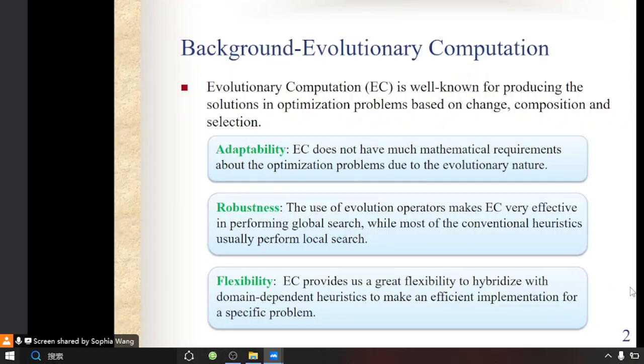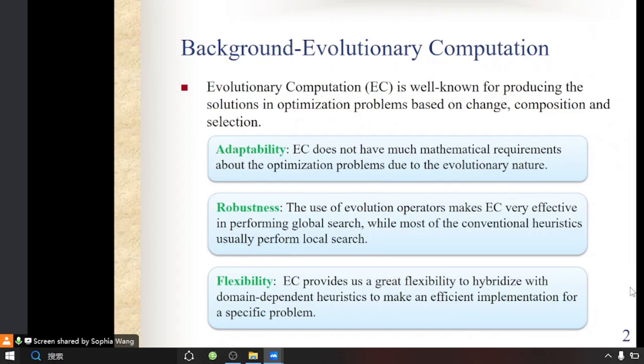Then you can solve that, but I don't like this kind of thing. But EC can be used effectively to solve this kind of optimization problem without mathematical requirements. That's why I use that. This is the first advantage. The second one is about robustness.